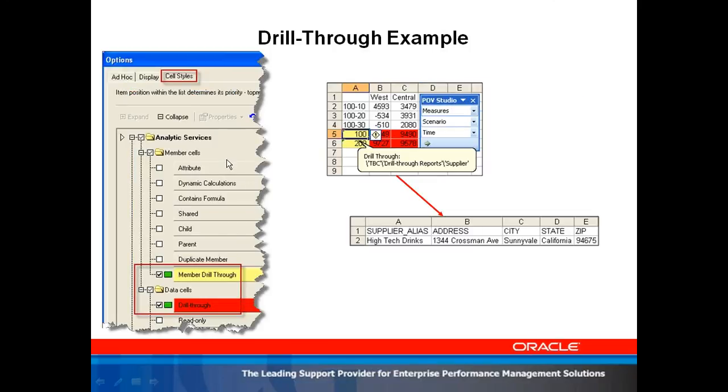Ultimately, in Smart View, I go to the Cell Styles tab in my Smart View options, and I select what colors I want for my member drill-through and/or my data cell drill-through. If you click on a cell, you'll get the pop-up that specifies one or more drill-through possibilities.